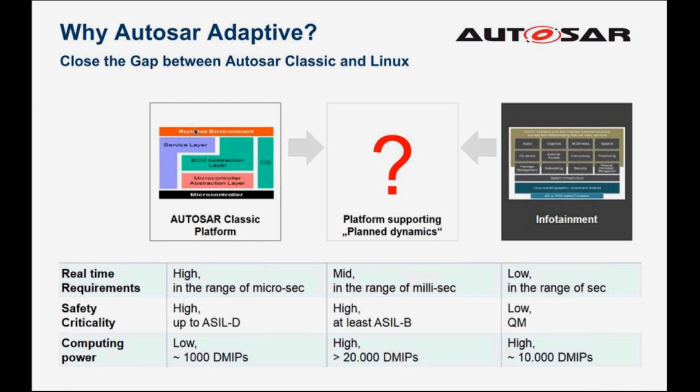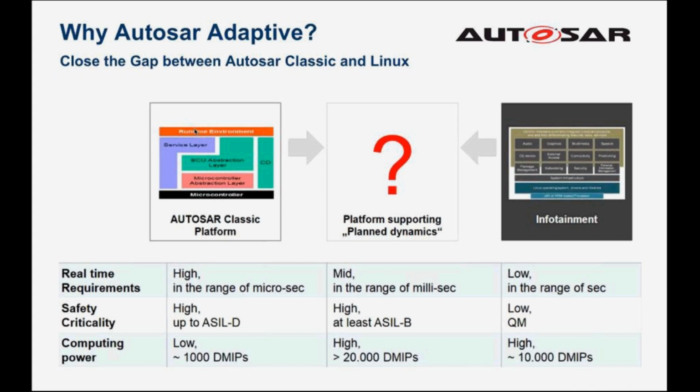Previously, as you probably know, the AUTOSAR Classic platform is a very static kind of implementation. You have to define everything during configuration time. On the other hand, it can be certified to very high criticalities, so very high ISO levels, ASIL levels, and its demand on the hardware is quite low. On the other side of the spectrum, we have infotainment systems that usually have no or only QM rating, but have very high performance and not a lot of real-time requirements.